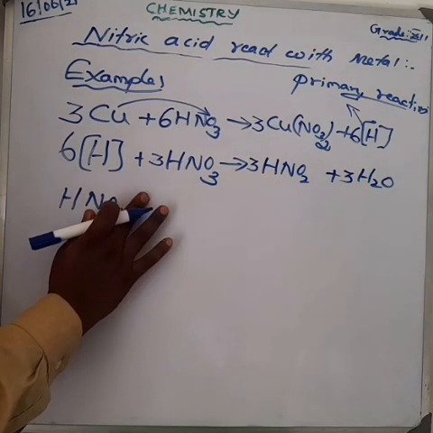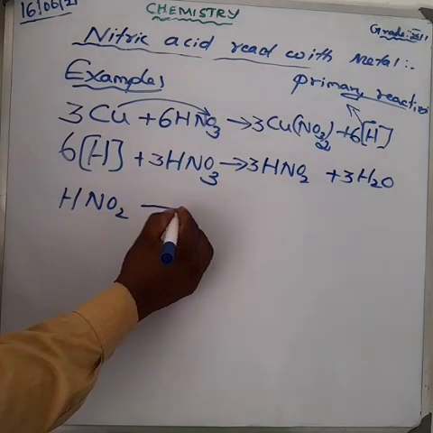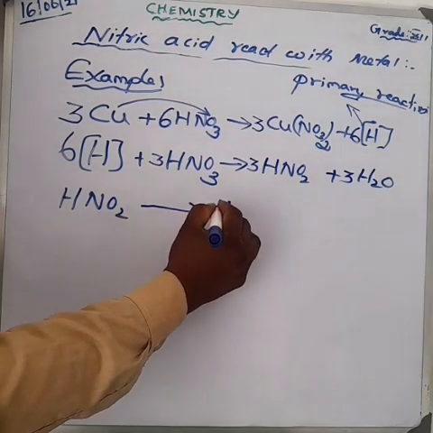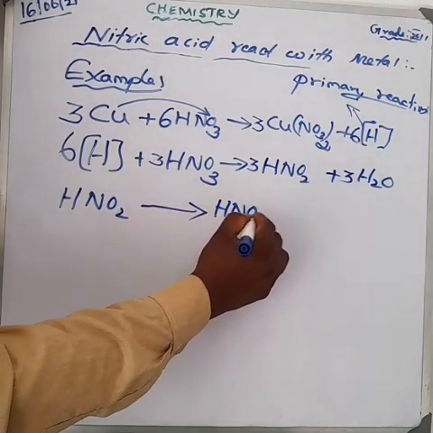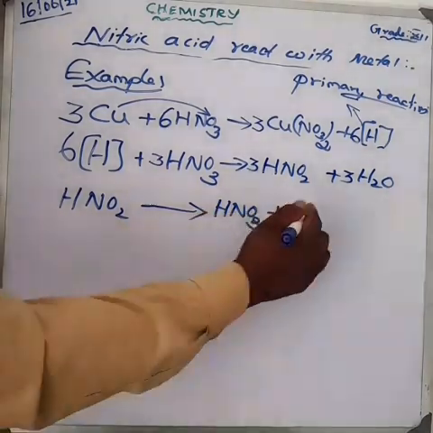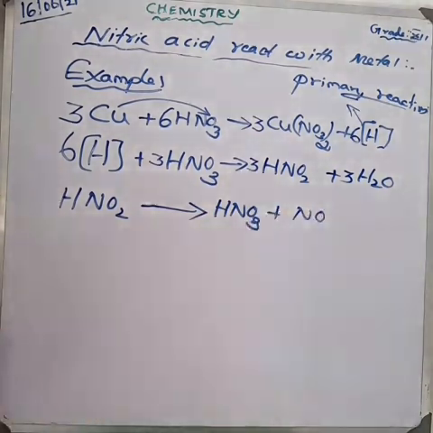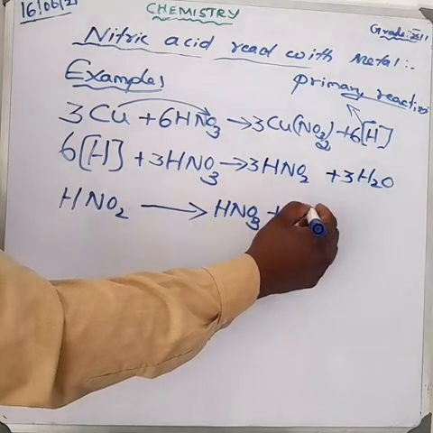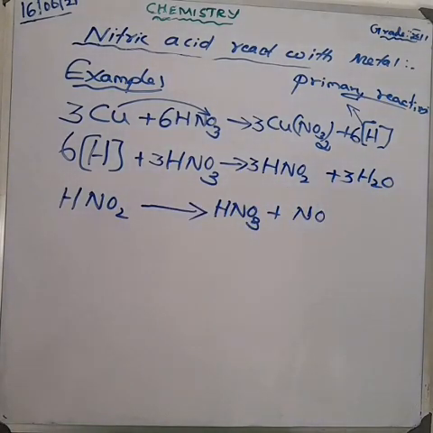So nitrous acid reacts to form HNO3, nitric acid, and we also get NO. What is NO? NO means nitric oxide. Nitric oxide. And we also get water molecules, H2O.